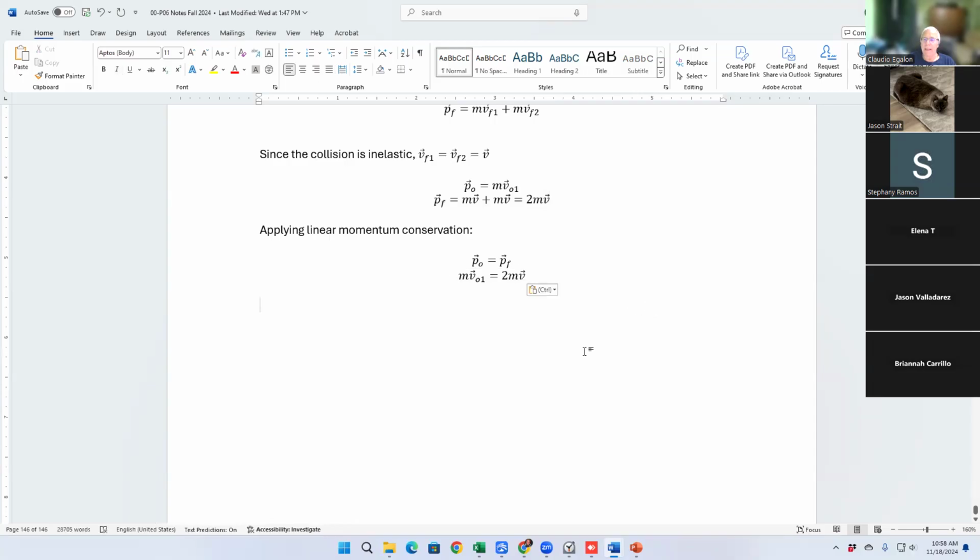All right? And now we can solve our problem. M is going to cancel with M, and the final velocity ends up being equal to V01.